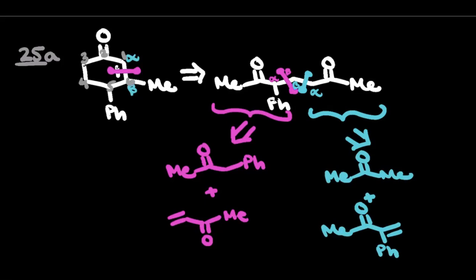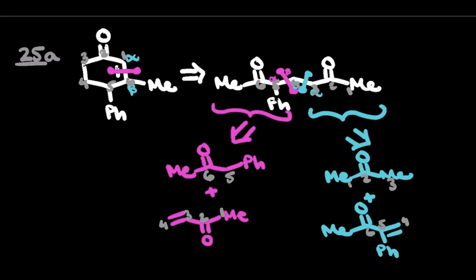Then I have 1, 5, 6, 4, 3, 2, 1. Okay, yeah, we're good. That just means that this would have been my carbon number 6, this would have been my number 5, 4, 3, 2, 1. And then this would have been my 1, 2, 3, and then this would be 4, 5, and 6.